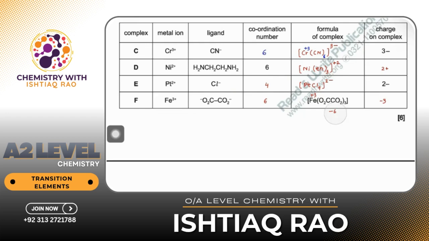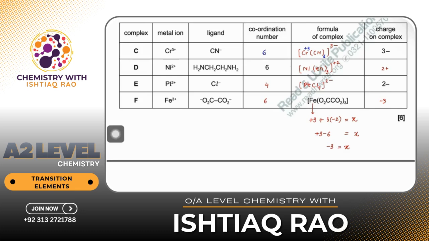Let me solve it. Iron is +3 and 3 into -2, we have to find out, so it's going to be -3. Got it? We wrote -3.